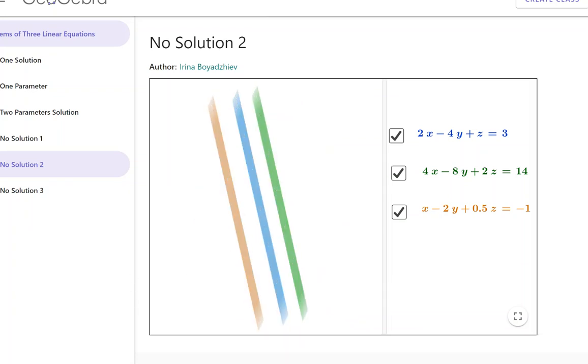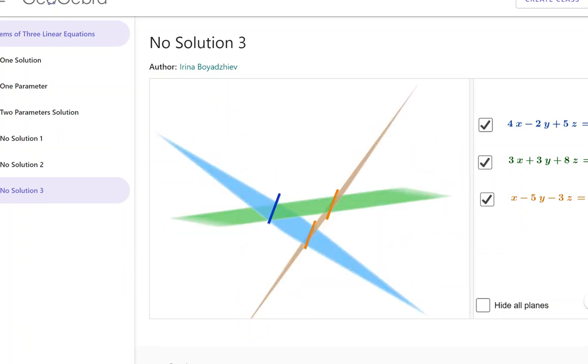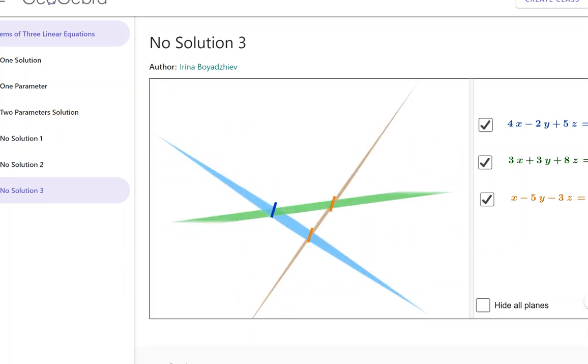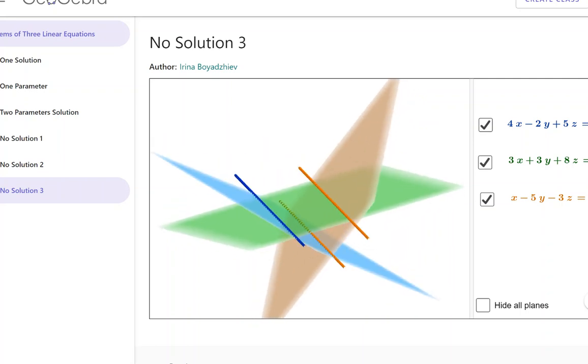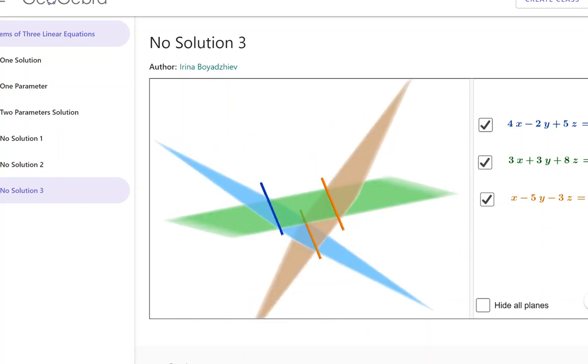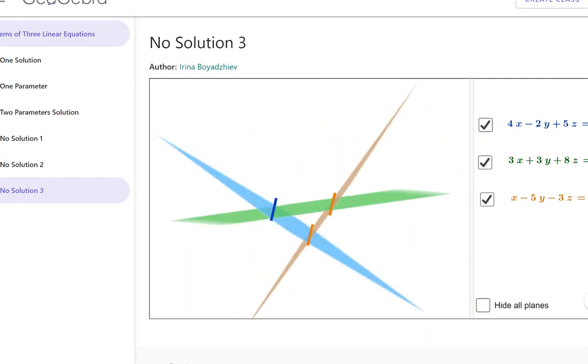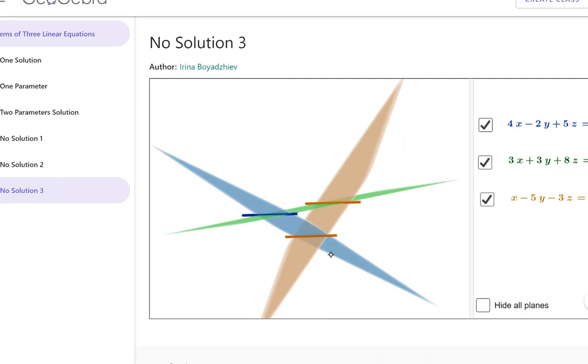And the third way that three planes could have no solution is where every pair of planes intersects each other, but no place has all three planes intersecting. So for instance, we can see that the orange and the yellow plane intersect, the orange and the blue intersect, the blue and the green intersect, but there's no location where all three intersect. So this is another case of no solution.